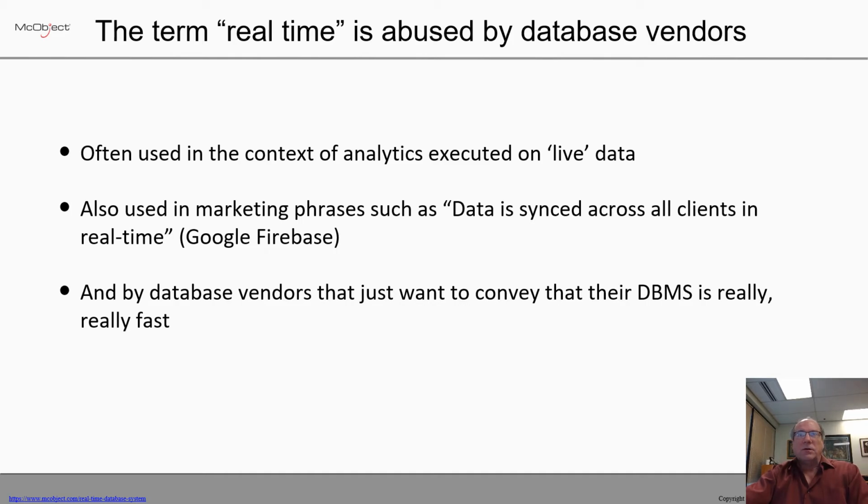The database industry used to use the term active queries to mean query results or analytics that automatically updated as data streamed into the database. This is in contrast to having to poll the database, in other words, having to re-execute a query to refresh the result set. To avoid confusion, the industry should get back to terms like active queries and live analytics.